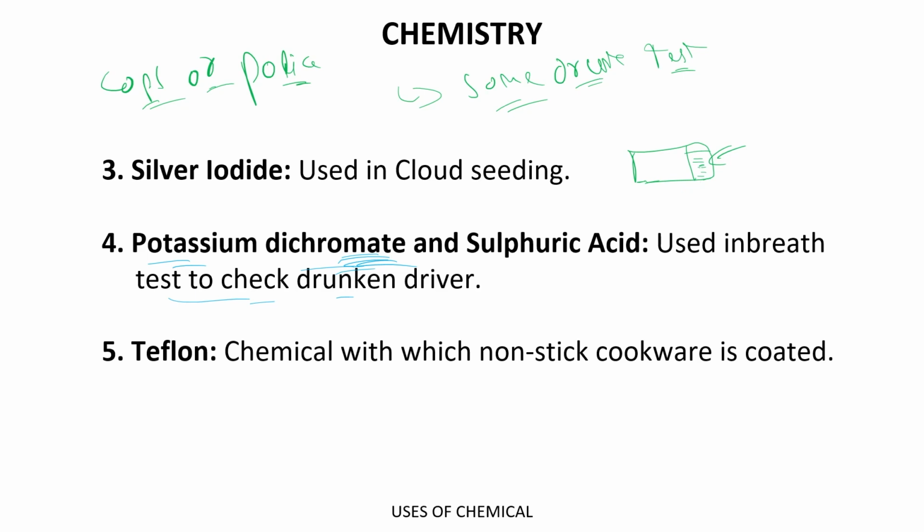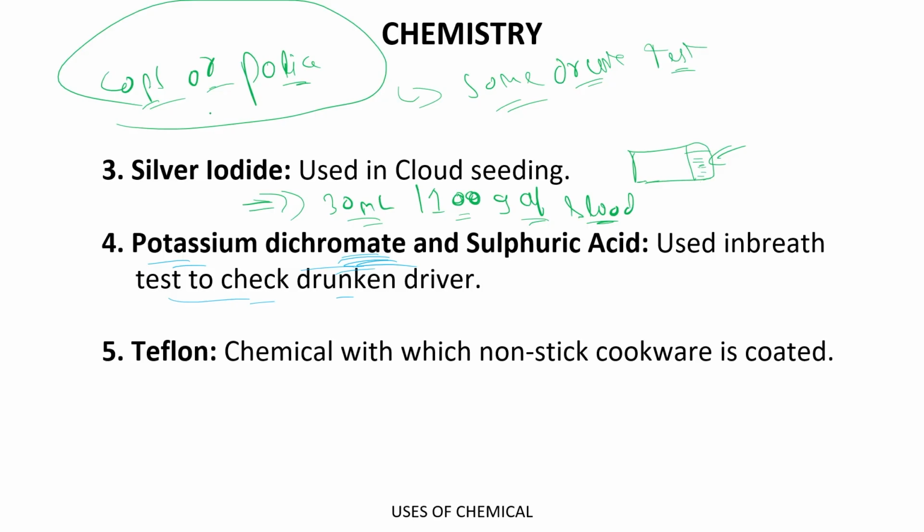If the value is high, above a certain value, like 30 ml of alcohol per 100 grams of blood, okay, so if you are drunk but you have only 30 ml per 100 grams of blood, you could be saved. But if this value is crossed, then you will have to face some charges and actions from the police and the authorities because you have violated the drinking test.